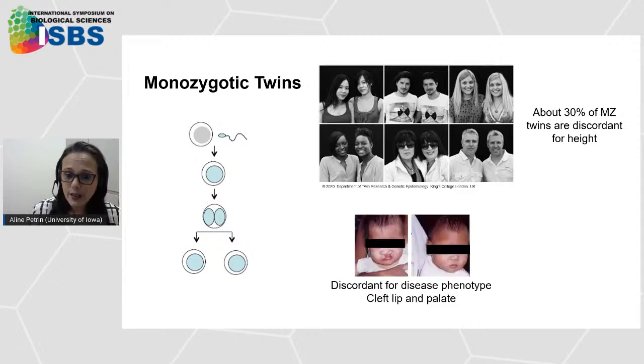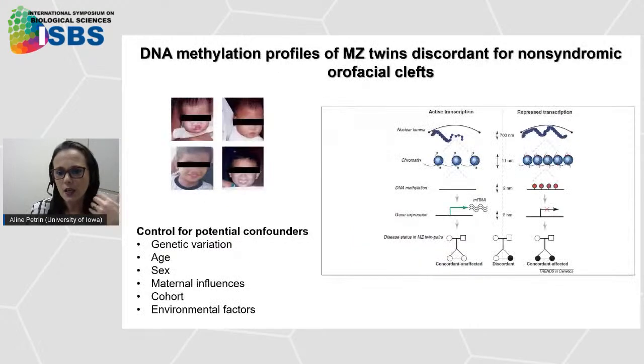And what we've been finding more and more is that many cases of monozygotic twins will be discordant for a disease as well. In my case, I use twins that are discordant for clefting to study their epigenetic differences and find epigenetic risk factors for clefting.